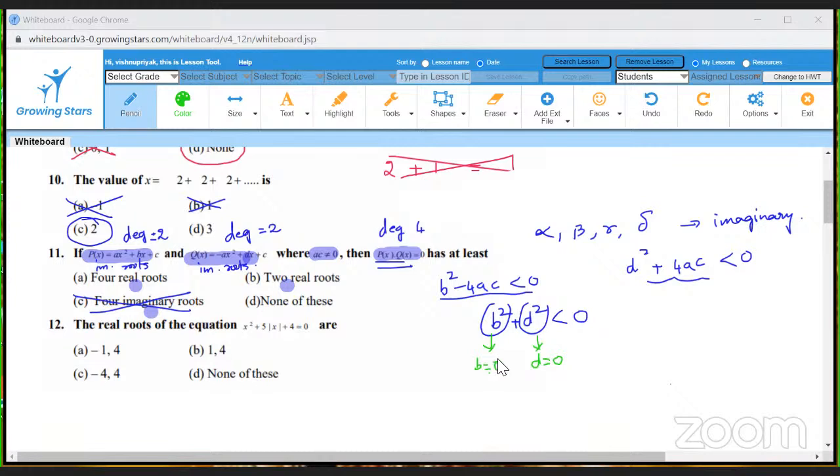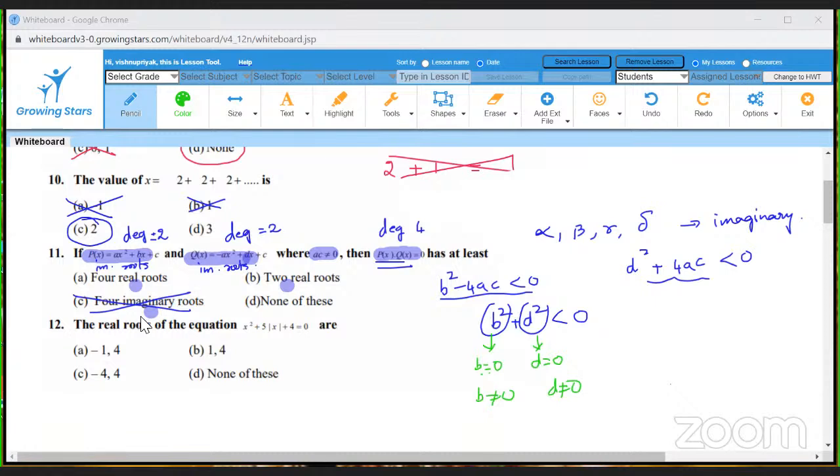So we are seeing B equal to 0, D equal to 0, and B not equal to 0, D not equal to 0. This possibility: if B is not equal to 0, D is not equal to 0, then what happens?